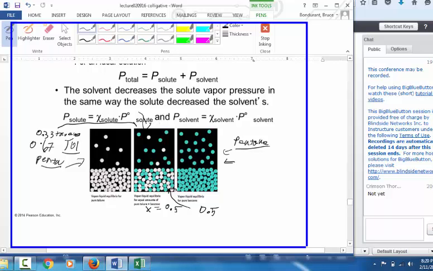So instead of being 50-50, it's not anymore. It's much more concentrated in pentane than it is in toluene.